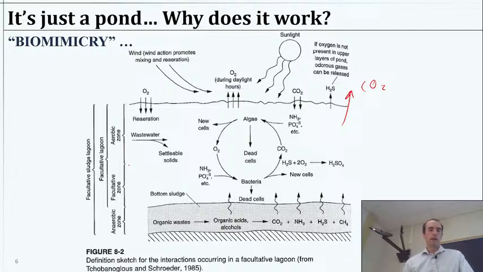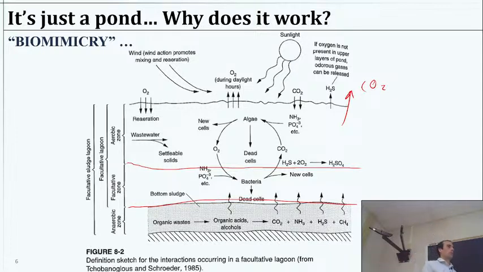So you see the aerobic zone goes to about here on this graphic. That'll mostly be the respiration and photosynthesis as usual. Below that, we're going to have the anaerobic processes. That's a bit different. We talked about that, learned more about that in wastewater. And then you'll have this facultative zone where there's a bit of both, and then you're going to have the completely anaerobic zone. That's the scheme here.